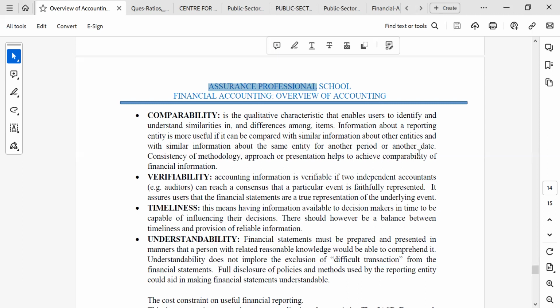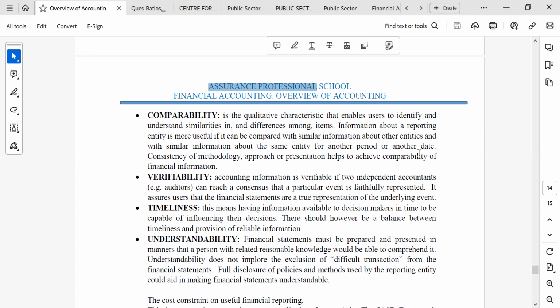This is when a layman takes the financial statement or the report, he'll be able to understand it so that he can make decisions on it. It shouldn't be very difficult to understand. It should be in plain language where everyone could understand the financial statement. Thank you. All right, that is cool.